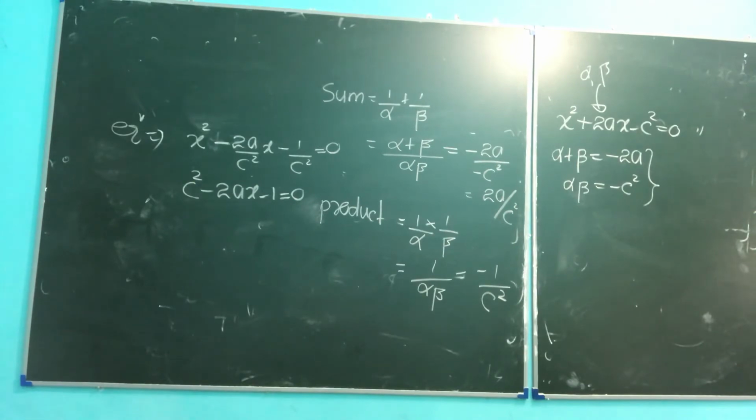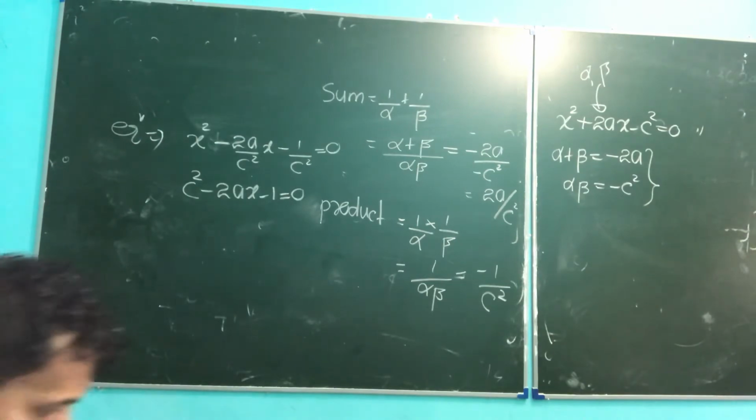Next, see question number 14. Given that alpha and beta are the roots of 3x squared plus x plus 2 equals 0.